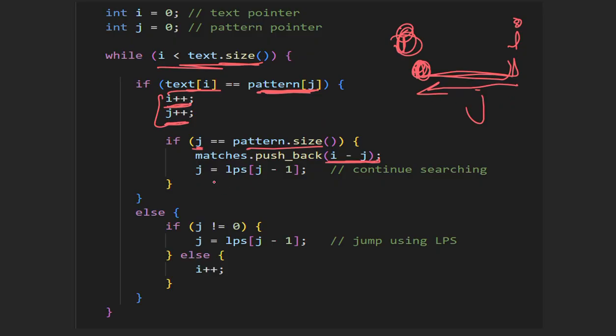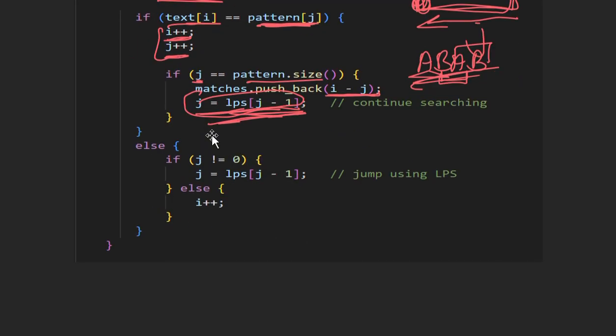And then again update our J with LPS of J minus 1, because suppose the pattern is AB, right, and we have matched this AB, then we check whether this BA is there or this AB is there, right? So this way we'll be updating J with LPS of J minus 1, not making J 0, right? And the second case is mismatch happens.